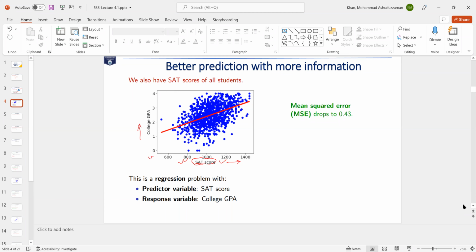If we already know the SAT score, we take that and, using the fitted line, predict the GPA for this student. If we do that, the mean square error drops to 0.46.